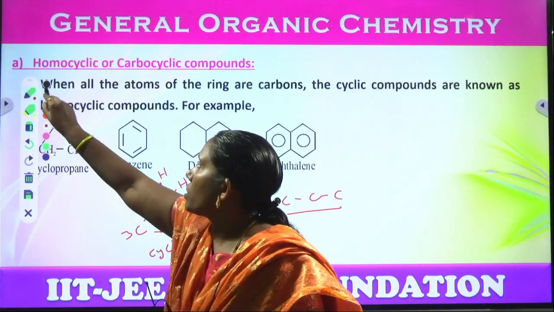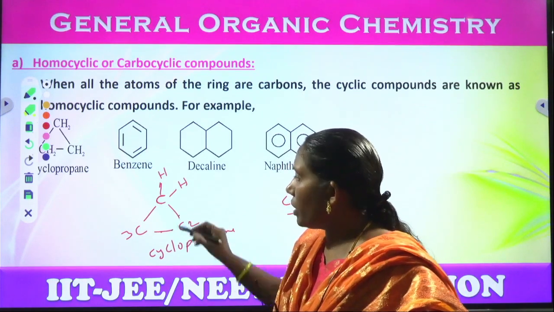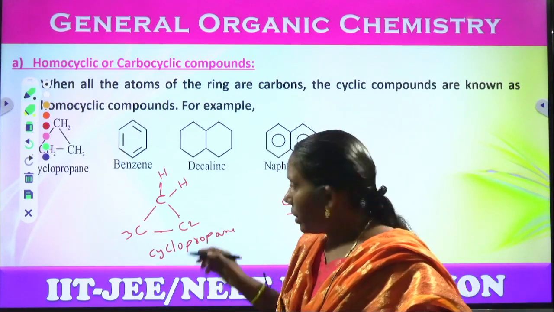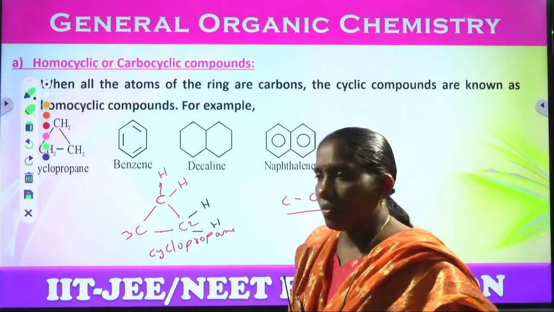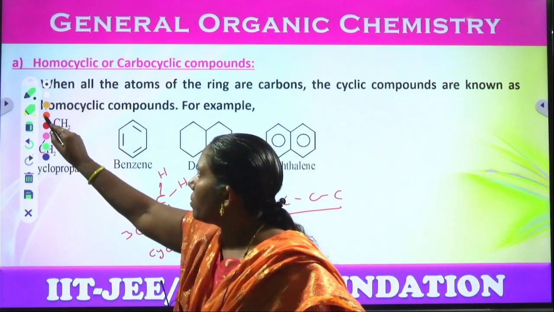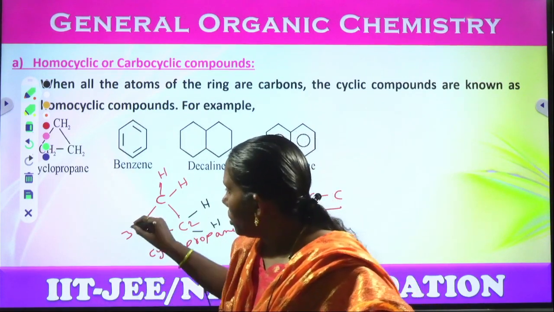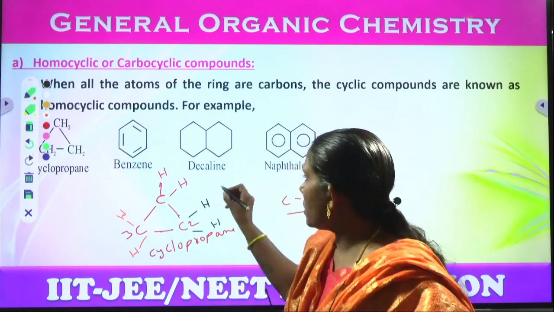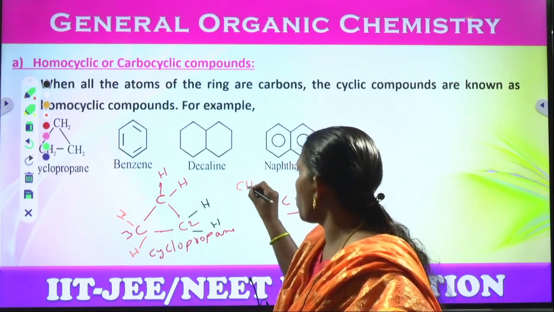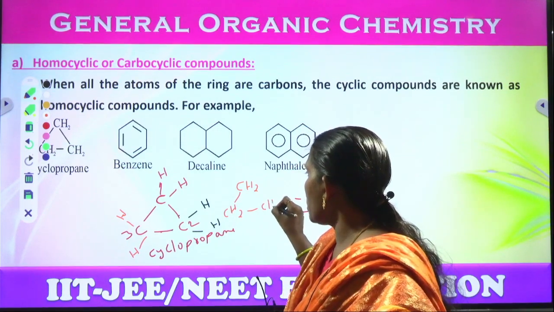Even for the second carbon, with 1 bond and 2 bonds, 2 more are required, so write 2 more hydrogens here. Come to the third carbon. The third carbon also has this bond and this bond only, so write here also 2 more hydrogens. That is what they have written simply as CH2, single bond CH2, single bond CH2.